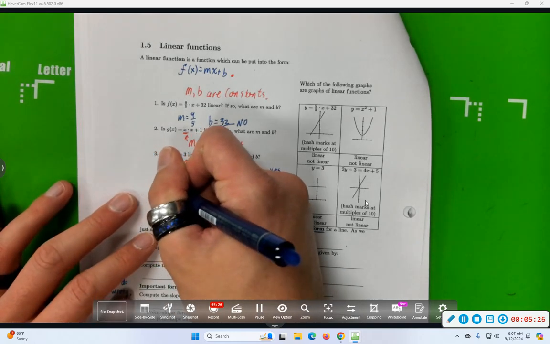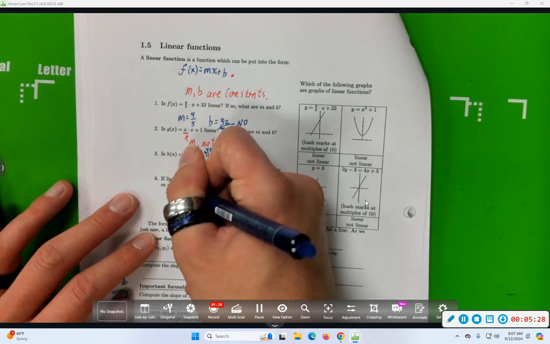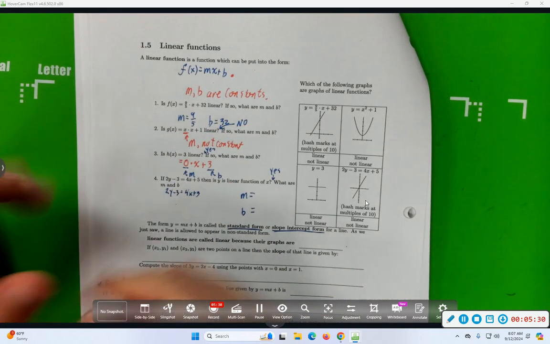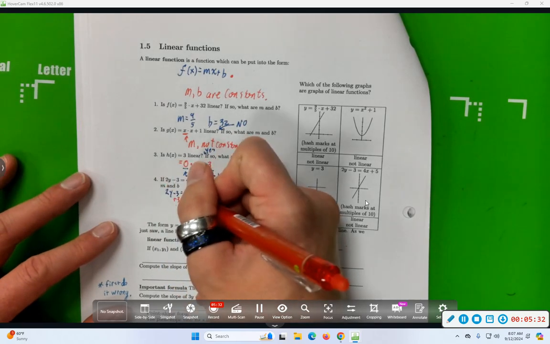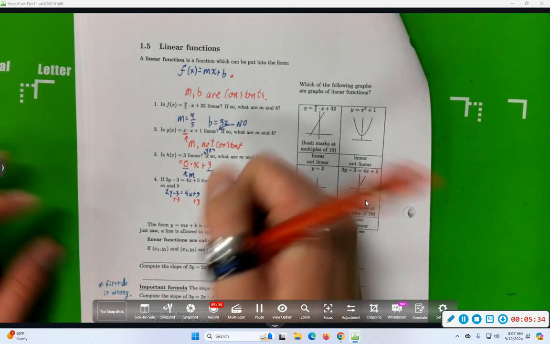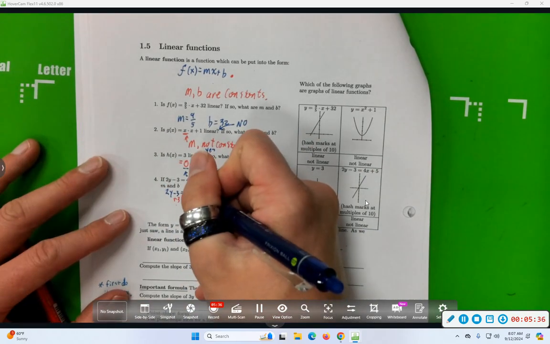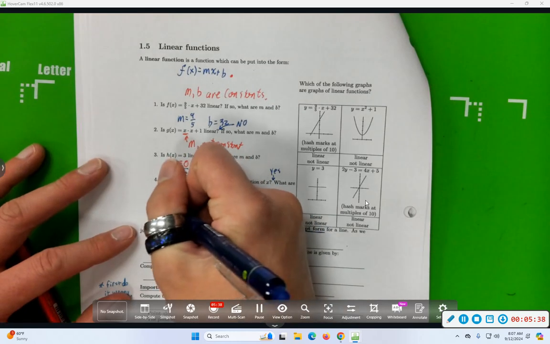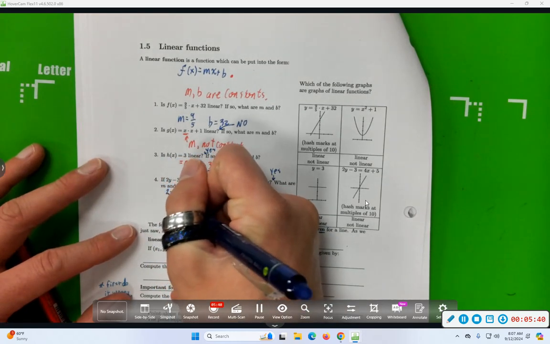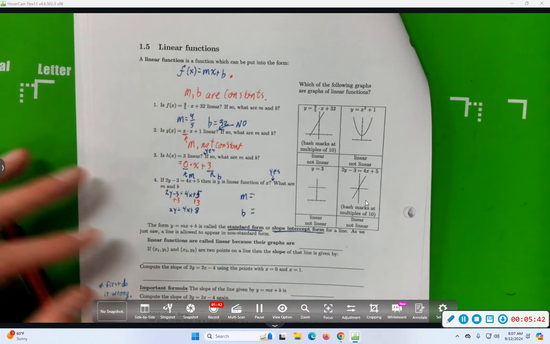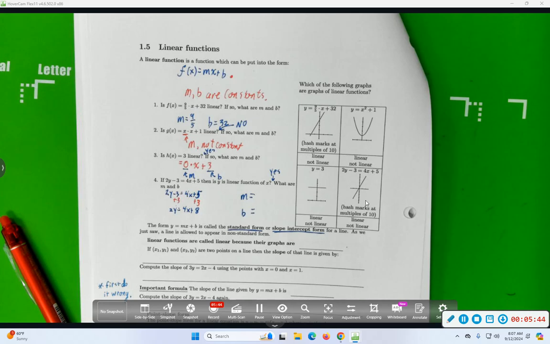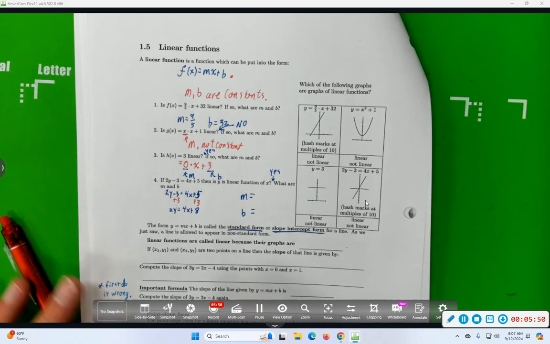So 2y minus 3 equals 4x plus 5. Let's add 3 to both sides. So 2y equals 4x plus 8. Okay. You want to get y on its own, so what do you do next? Divide by 2.